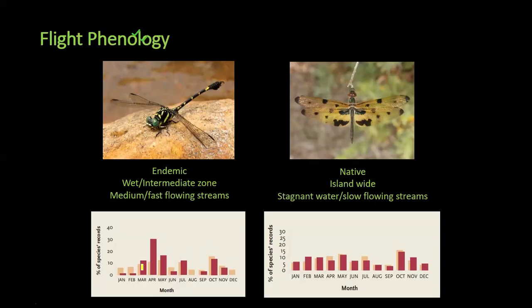The monsoon rains are there, so more streams are filled with water and you have more ovipositing habitats. So they are only seen on wing during that period, whereas in certain months towards December, January, February, you don't really see them around. You don't even see a single individual of certain species during these dry months.